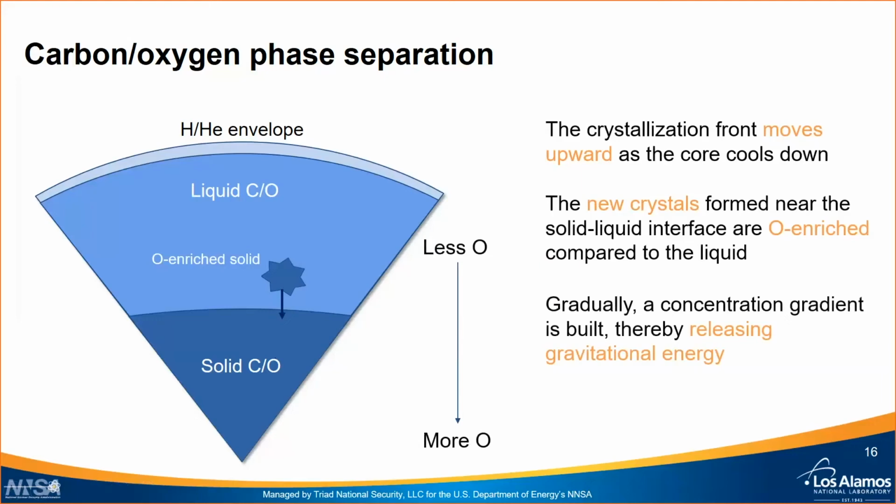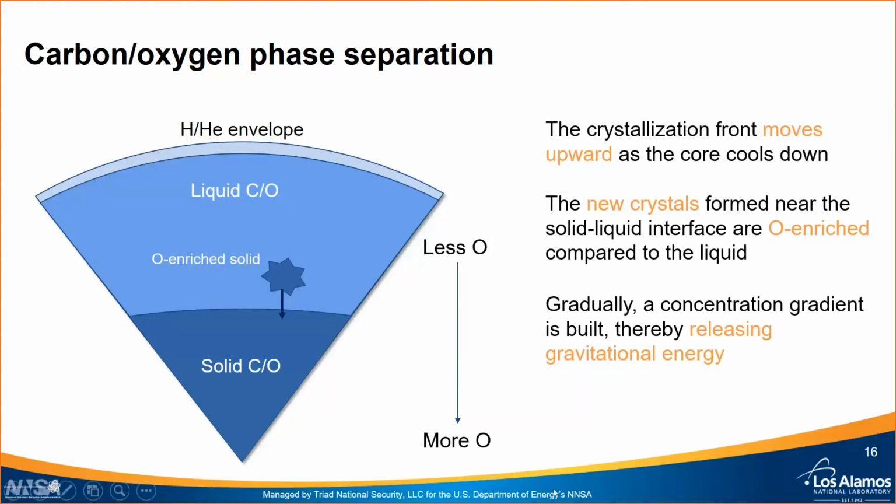By redistributing the oxygen ions like this, you are releasing gravitational energy, and current models predict that this imposes a cooling delay of about 1 billion years. So in total, the core crystallization accounts for a cooling delay of about 2 billion years: 1 billion years from latent heat release, and 1 billion years from this phase separation process.